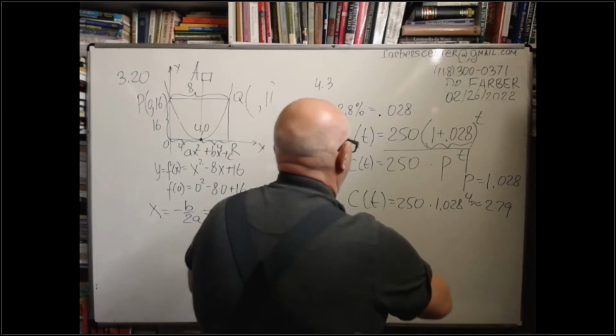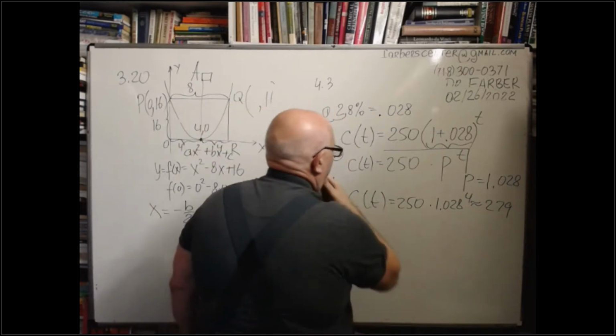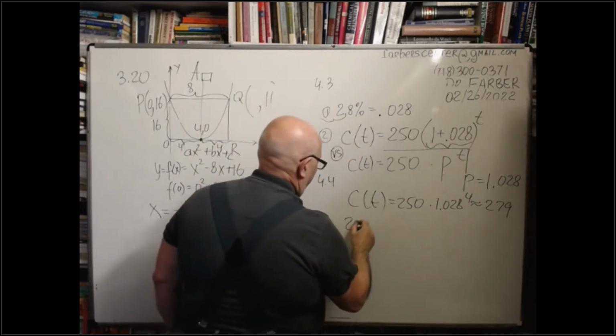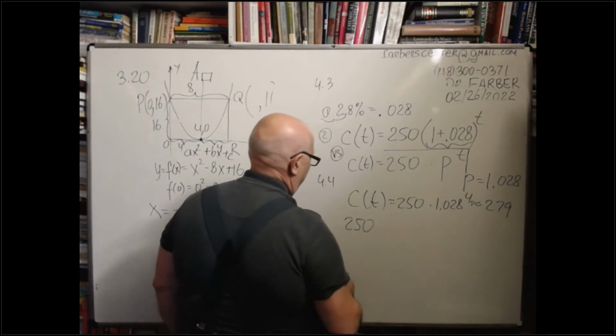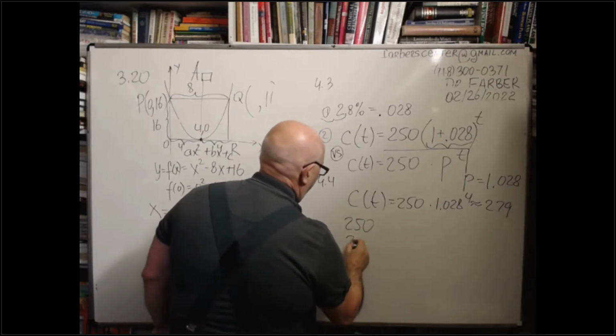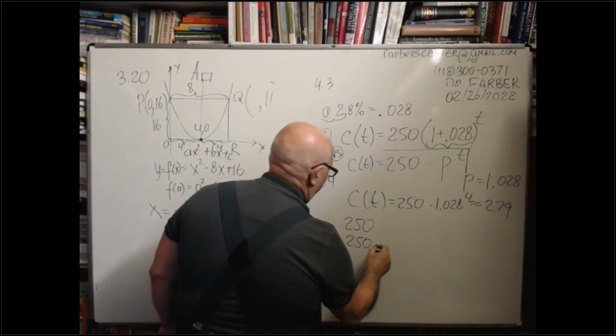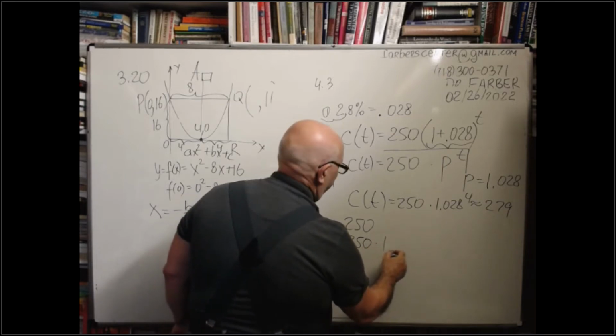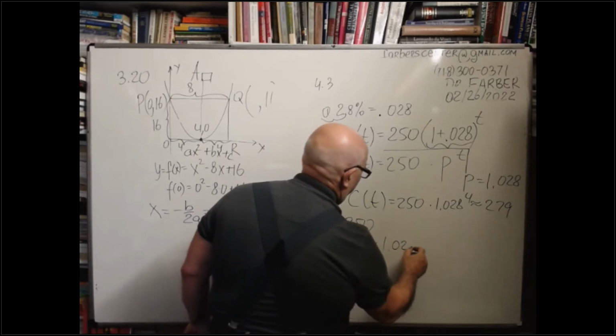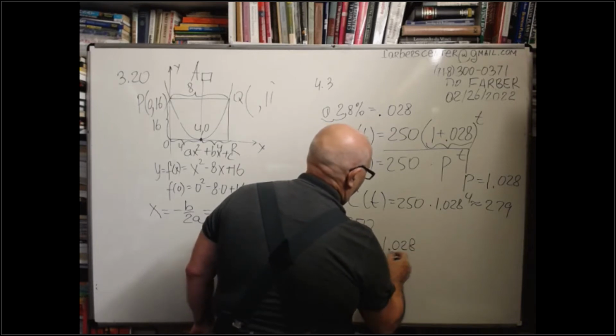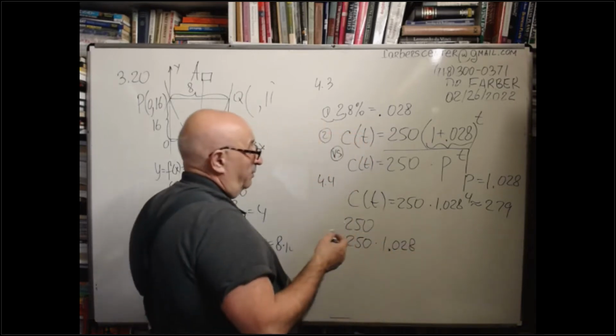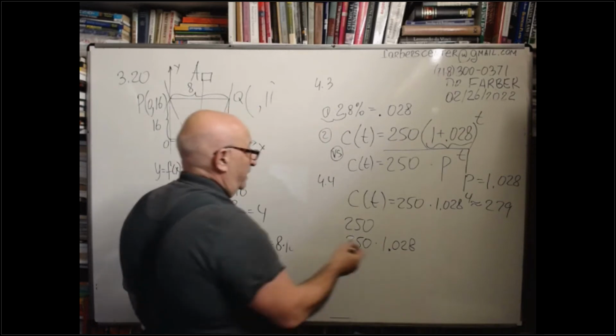I'll give you simple logic. For instance, originally 250, right? The next year, 250 times 1.028. Agree? Yes or no? You like percent. You can find percent increasing. This is the second year.